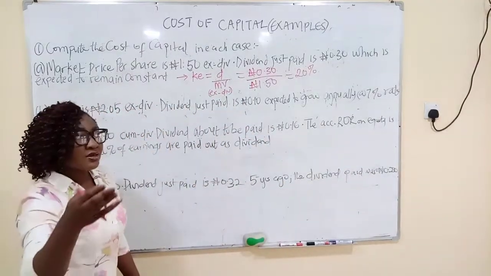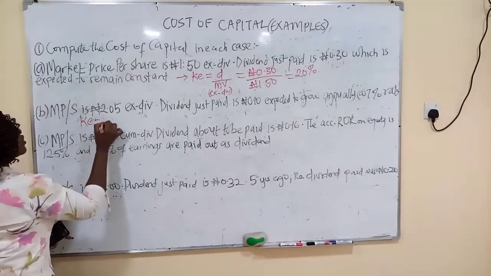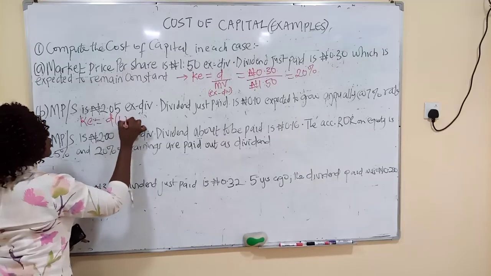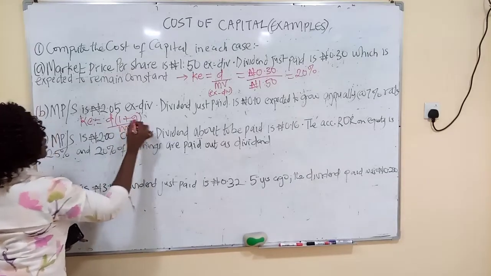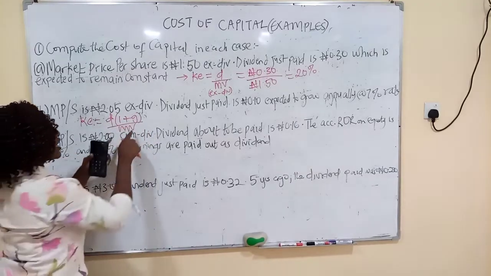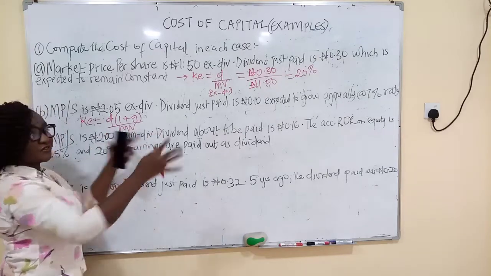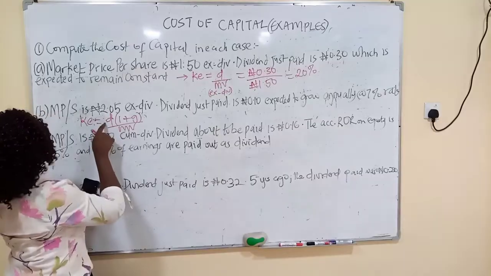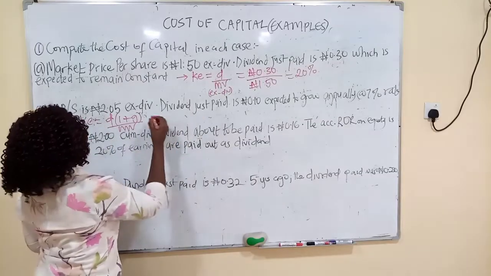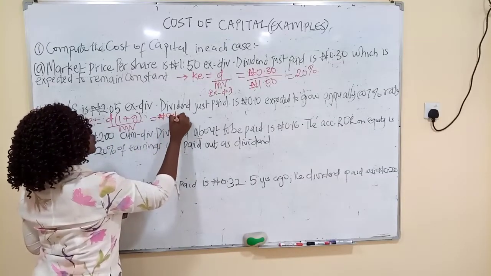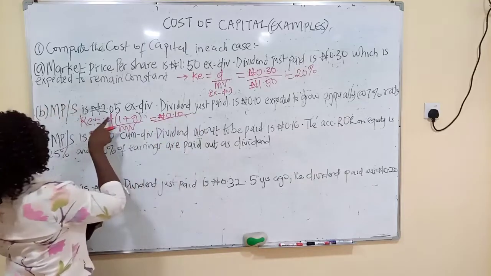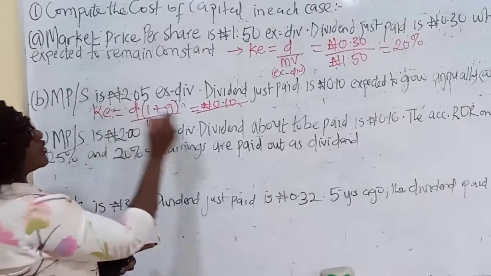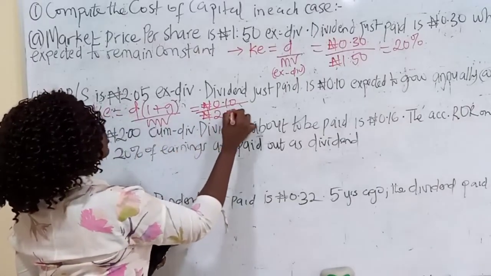So there is growth. So you remember that cost of equity equals dividend into 1 plus g over market value or market price per share. They can give it to you in terms of the value, not per share. You must also know how to use it. Okay. So the dividend here, dividend just paid, is 0.10 over market value or market price per share, 2.05.